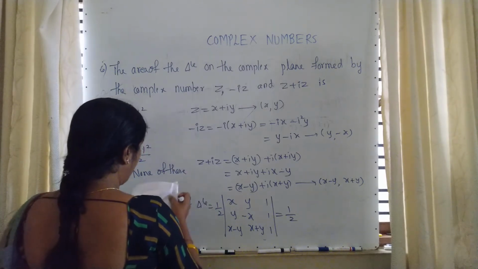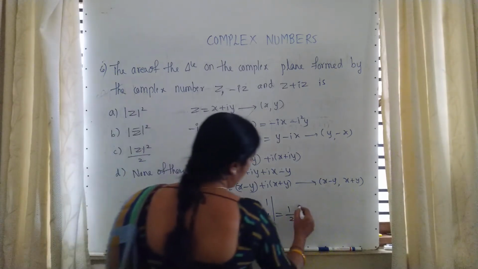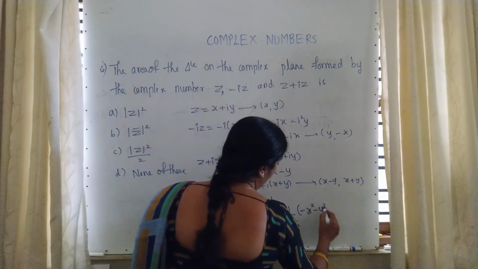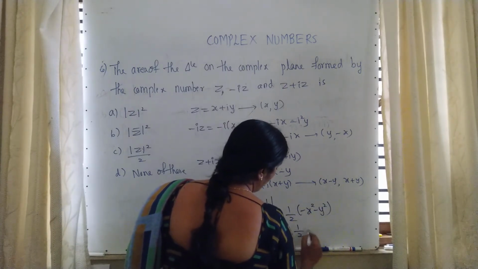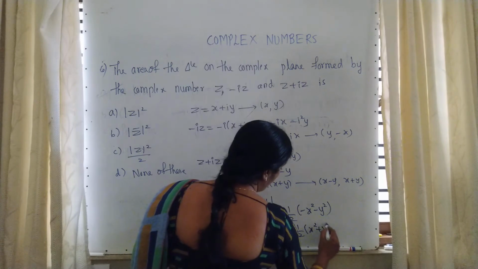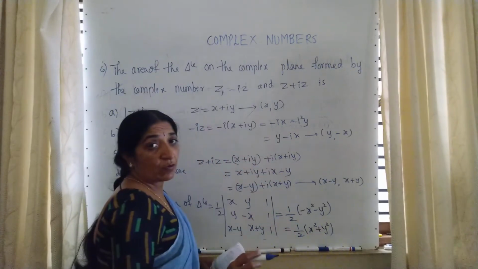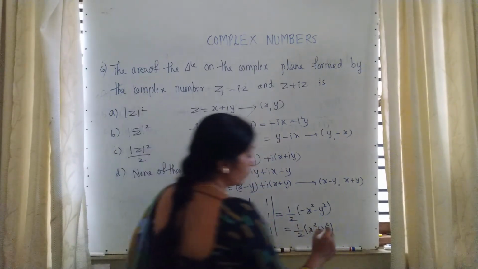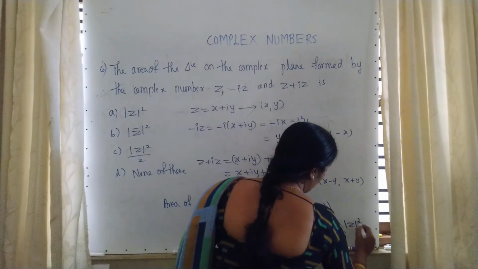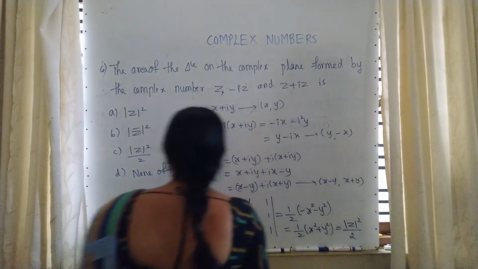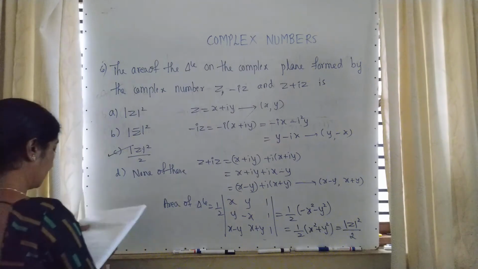But the area of a triangle is positive, that's why I am writing 1 by 2 (x square plus y square). X square plus y square is nothing but modulus of z whole square. So this is modulus z whole square divided by 2. Which answer is correct then? C.